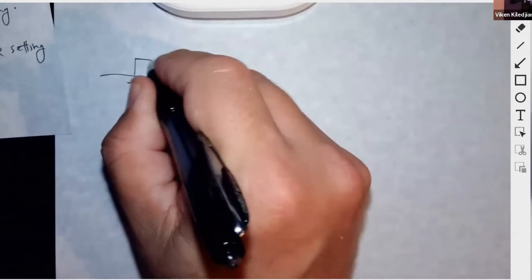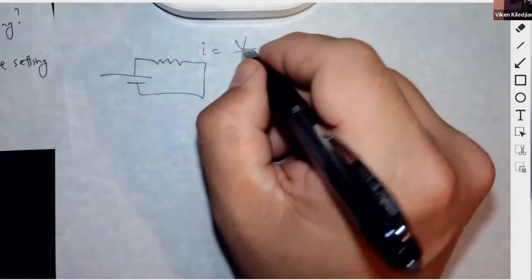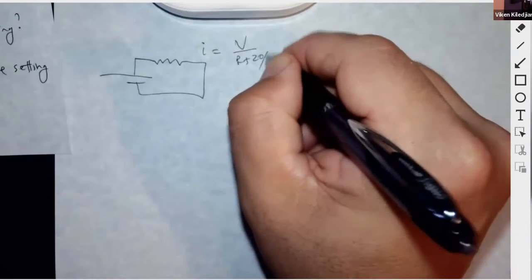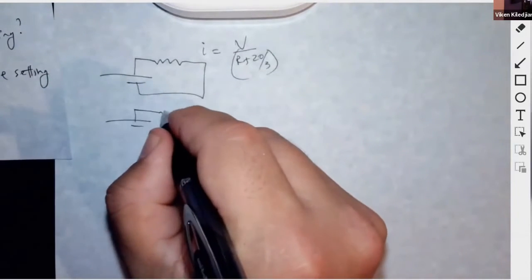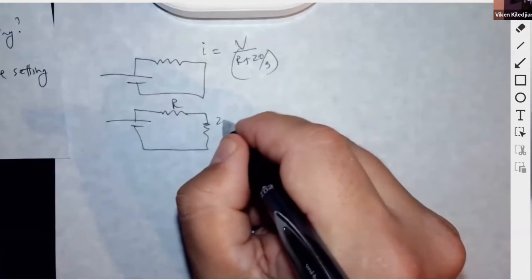So then we have here the current is V over R plus 20/3. Then you're going to go back to the previous circuit, R and 20/3.